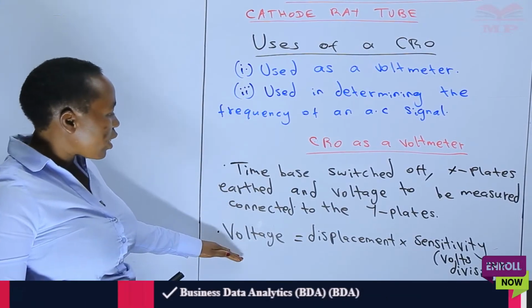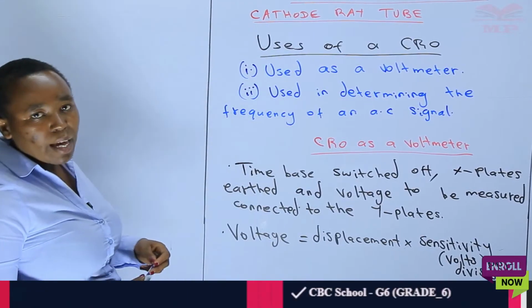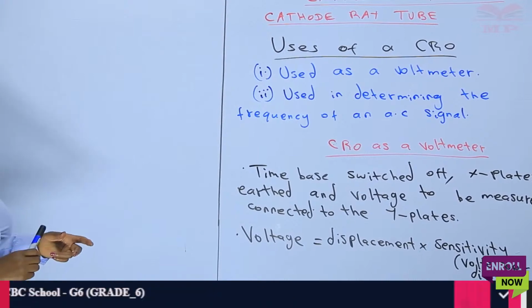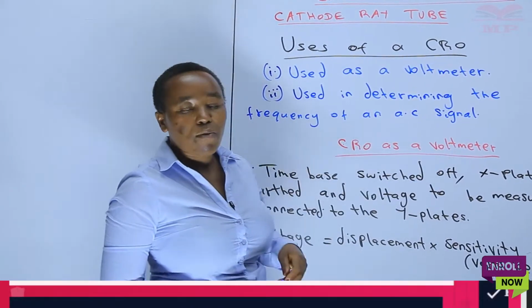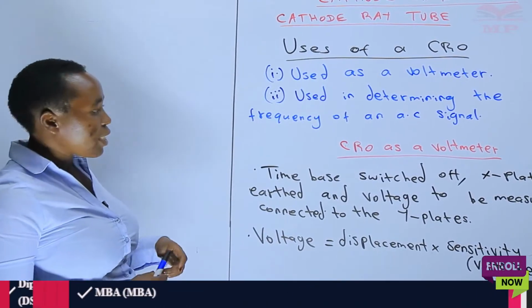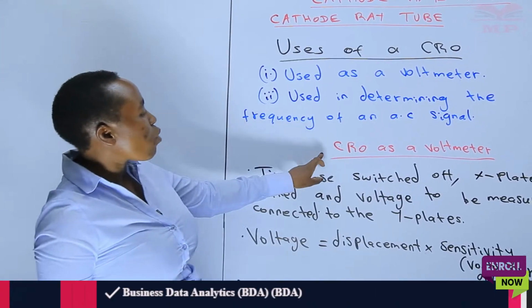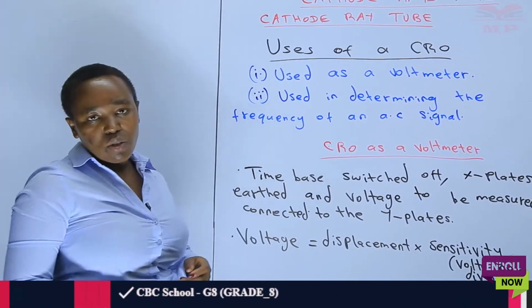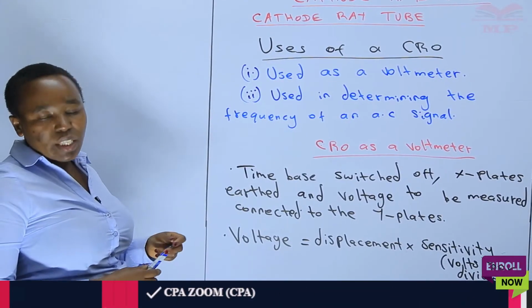So note, voltage is equal to displacement multiplied by the volts per division. As I've said, a voltmeter is a device that is used to measure voltage, and we have the ordinary voltmeters. But now we are saying that the CRO has more advantages over the ordinary voltmeter.